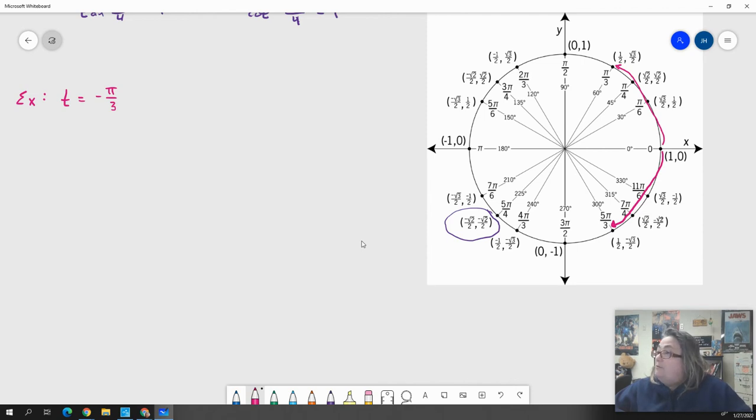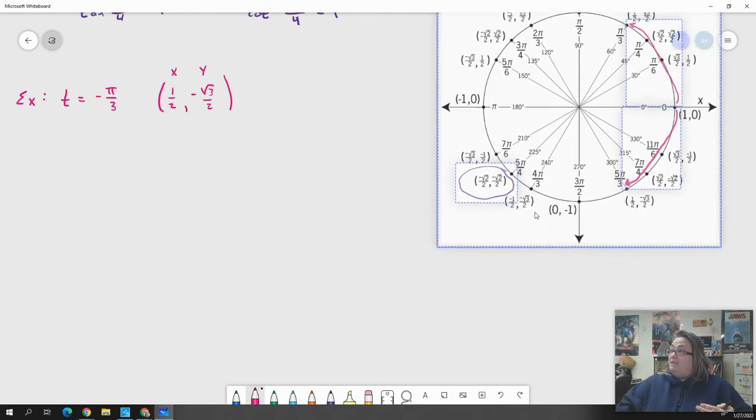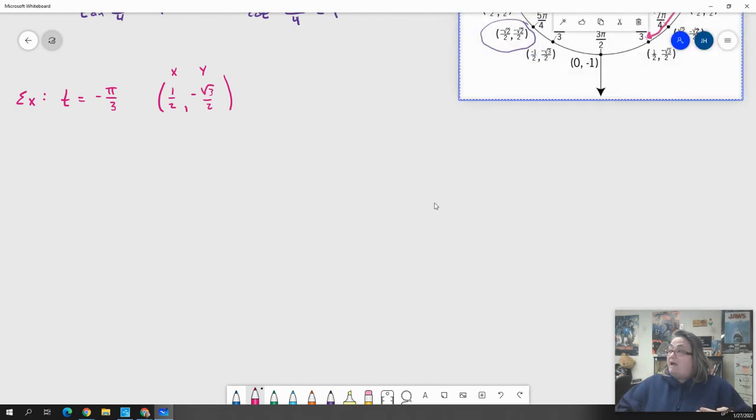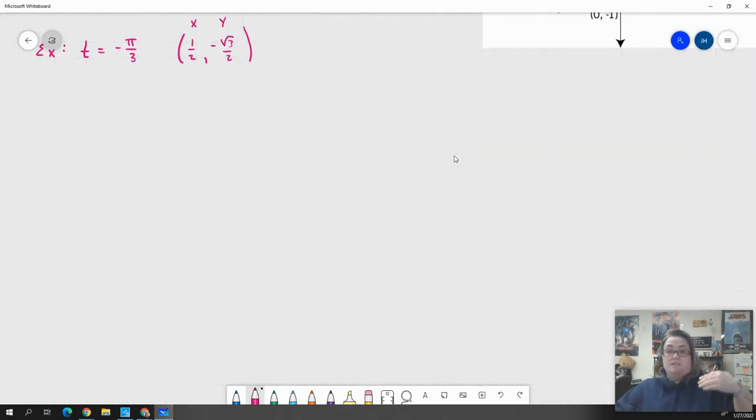And so what we know from that is that we've got an x value of 1/2, and we have a y value of negative radical 3 over 2, right? This is our x, this is our y. And that's really the only information that we need to have to evaluate our 6 trig functions at this point.